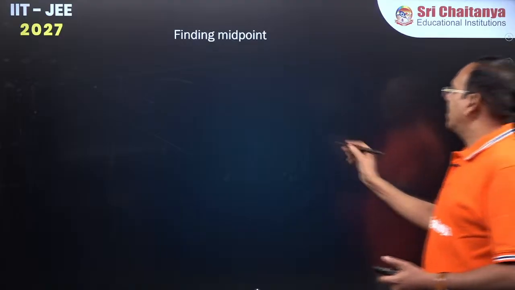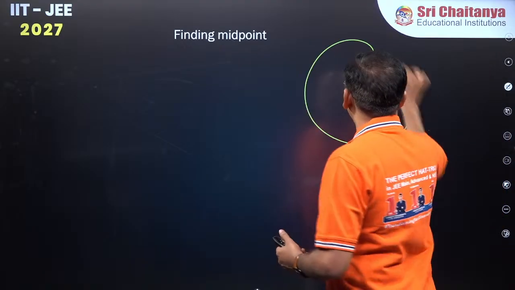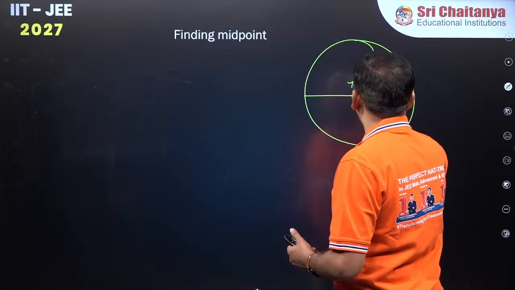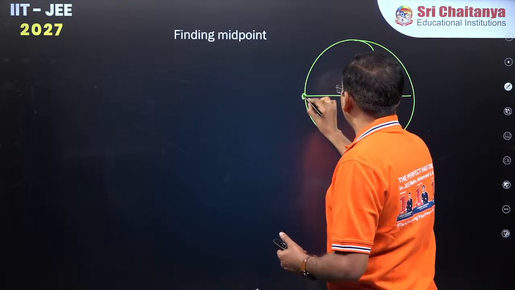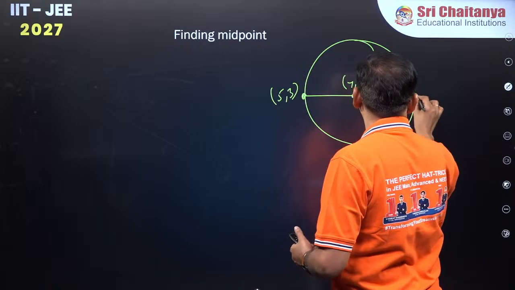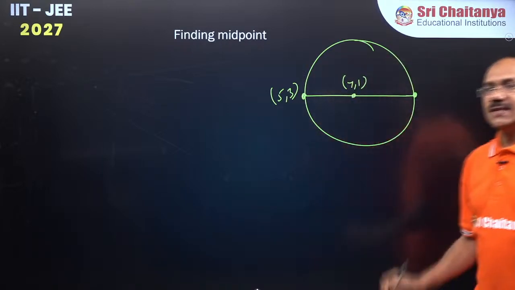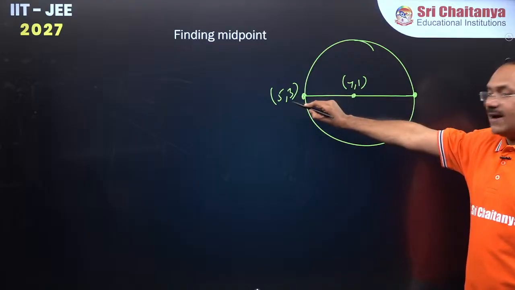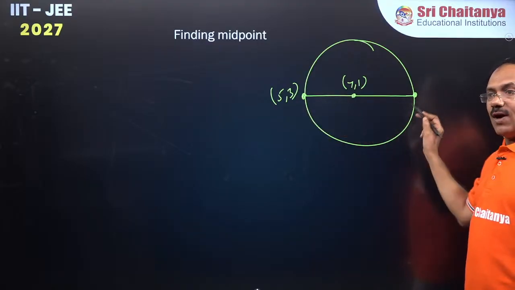Once again, suppose there is a circle, it has a diameter, center is 7 comma 1, one end of the diameter is 5 comma 3, what is the other end? Quick, I want. Center is given, one end of the diameter is given, I want the other end.